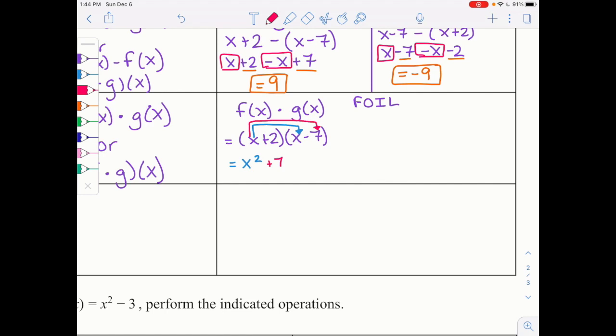So that's going to be minus 7x, because it's x times negative 7. Then you're going to multiply your inner two terms. So I'm going to do plus 2x, and then I'm going to do my last term times my last term, which is going to be negative 14.